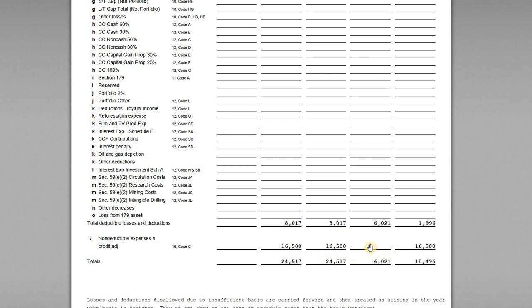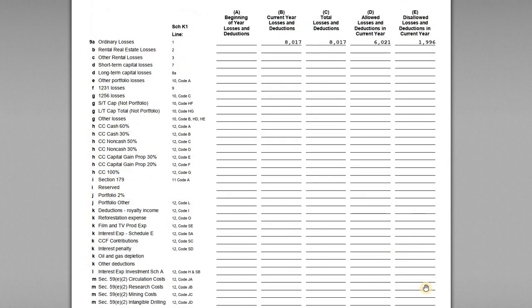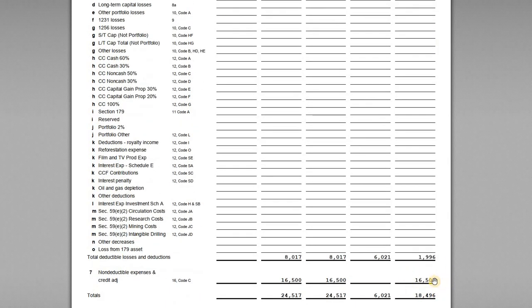None of it was able to be used in 2022, right? Because we used our losses first. So the full amount, the $16,500, has to be carried forward to next year, and it's going to reduce our basis, if we have any, right? So again, these things don't just disappear. If you make this election, you get the benefit of being able to claim these losses, but now you have to roll forward these non-deductible expenses indefinitely.